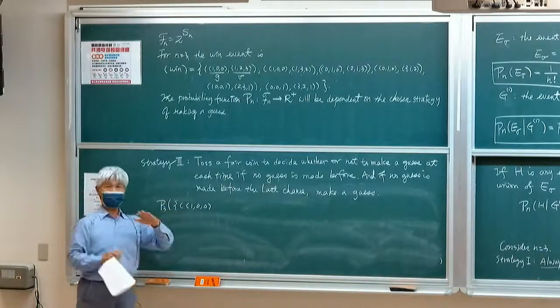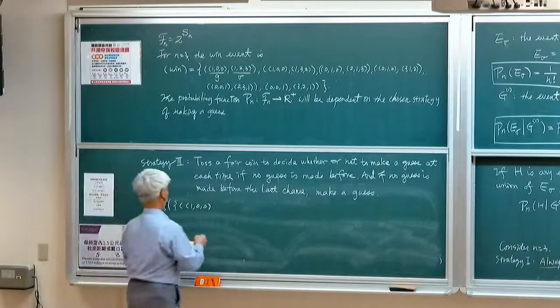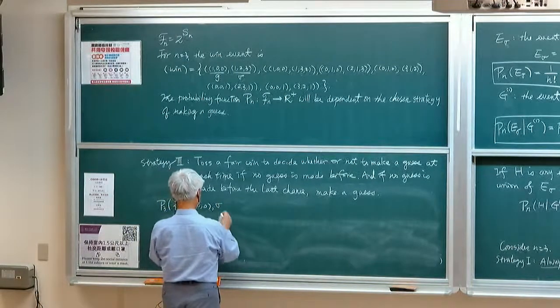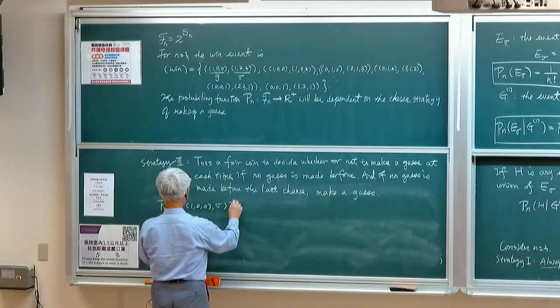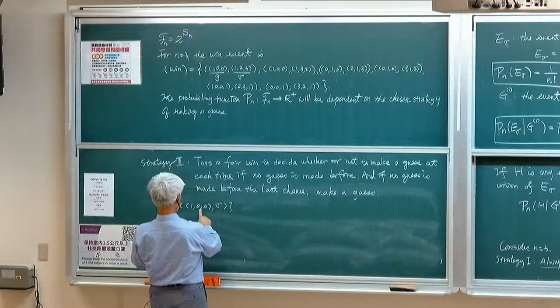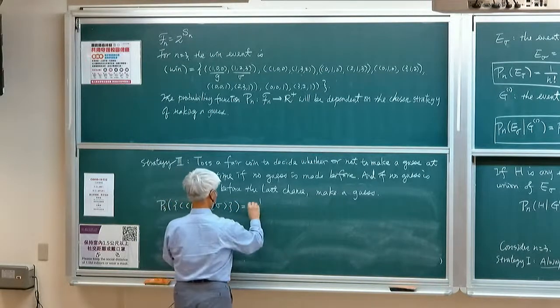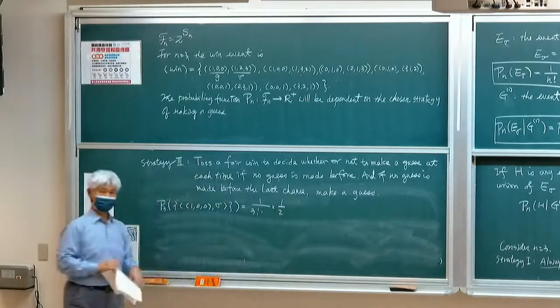So the player will make a guess at the first time. And the sigma, so the sequence can be, right? So that will be 3 factorial times 1/2. Okay?